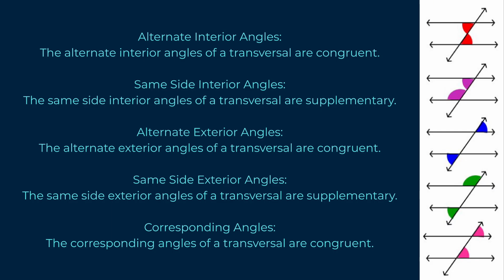Now, all of these 5 are theorems, meaning that you can prove them using 2-column proofs. All of them will not be shown in this lesson, but it is a very good exercise to try and prove it for yourself.